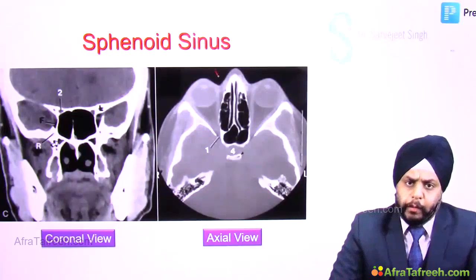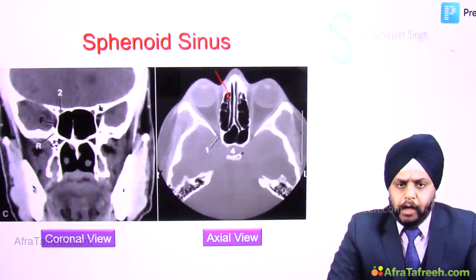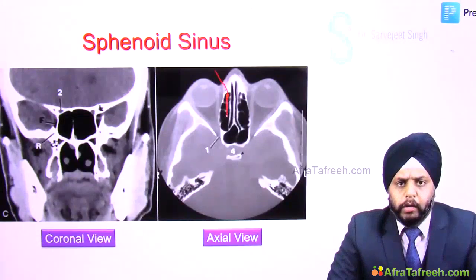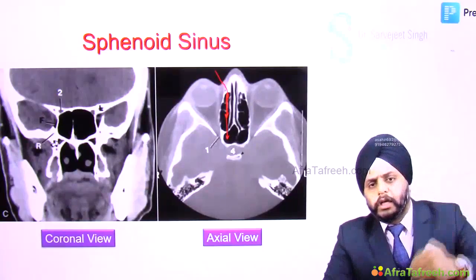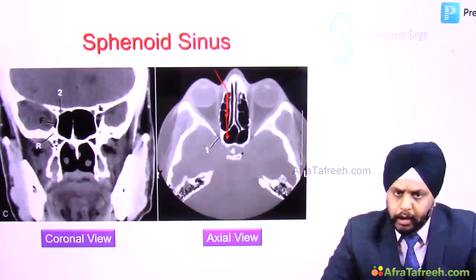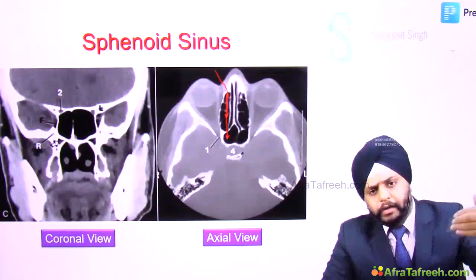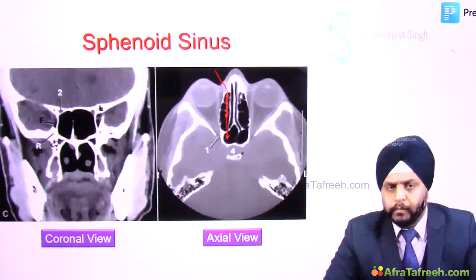He'll put his endoscope, his instrument inside, he will identify the anterior ethmoids, he will break them, he will go into the posterior ethmoids, and then he will break these posterior ethmoids, and you can see straight it goes into the sphenoid sinus. Right? So that is clear to you. That is how you can reach the sphenoid sinus.